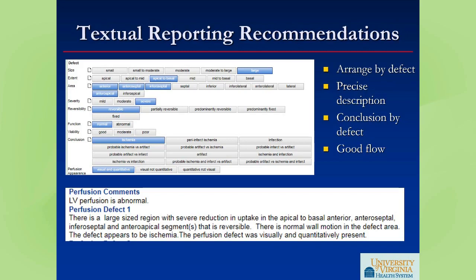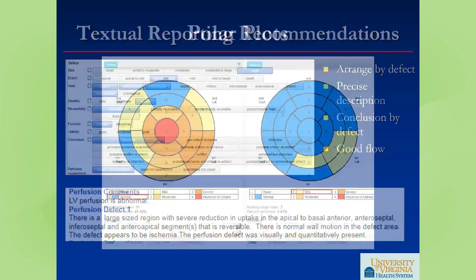The other aspect that's important is that when you have absolute flow information, you have to both provide what you think is going on in the relative perfusion, but also reconcile that with what you're seeing in the absolute flow. And so we will typically provide some sort of comment on whether the absolute flow confirms that defect or whether we thought it was artifactual afterwards.